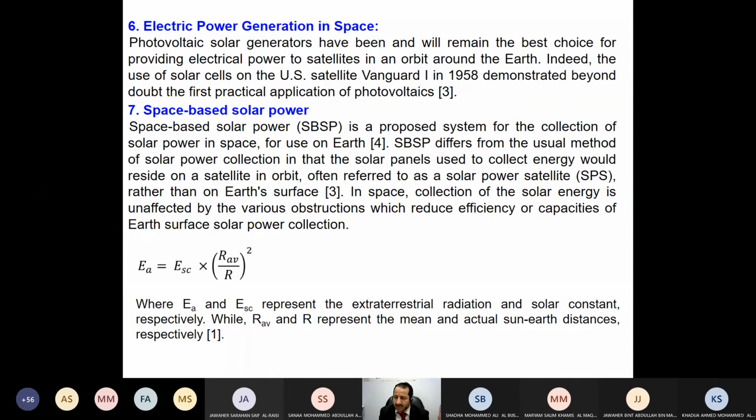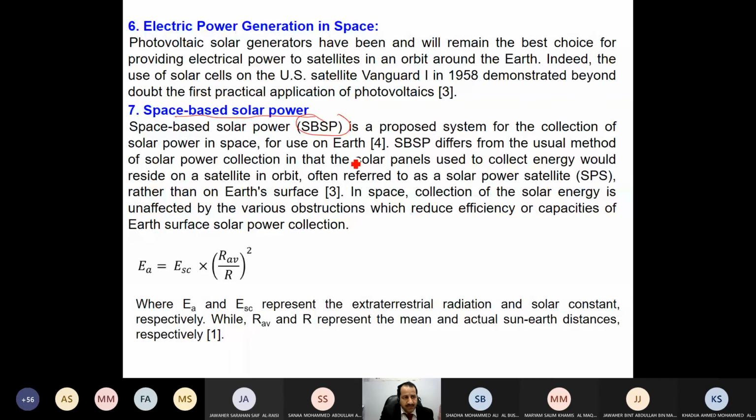There is a theorem talking about having a satellite or a station in space collecting the 1,360 watts per square meter coming from the sun and concentrating it in a beam, similar to Adnan and Lina exactly, and sending it to a collector on the Earth. So this theorem is talking about what we call space-based solar power, SBSP.